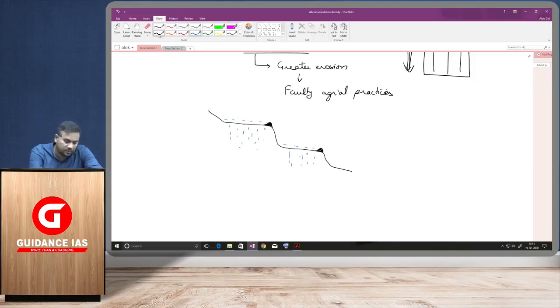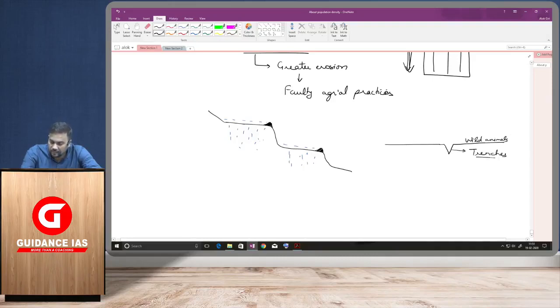Like और भी example लेना है तो, in areas like Bihar, particularly Jharkhand, part of Bihar, it was seen that very frequently farmers, to ensure that there is less erosion and more importantly to ensure that wild animals, like for example Nilgai, a very common type of animal, cannot enter the agriculture field, would dig trenches around the agricultural fields.